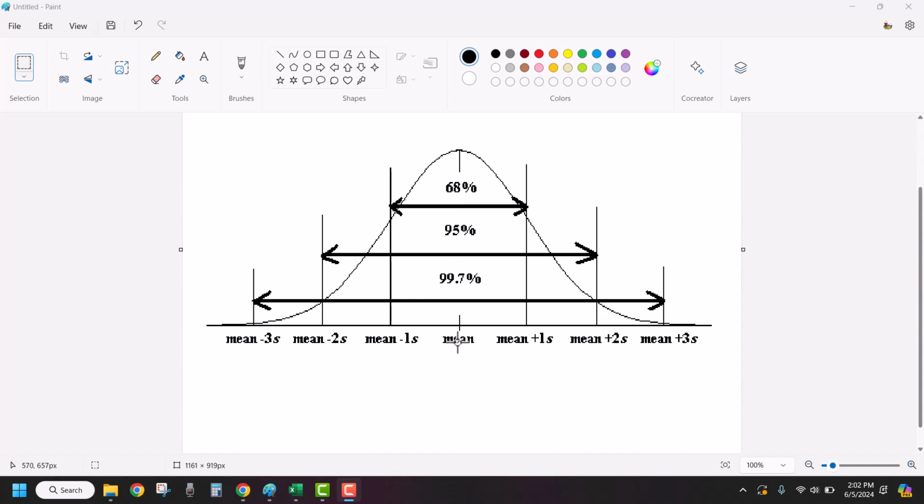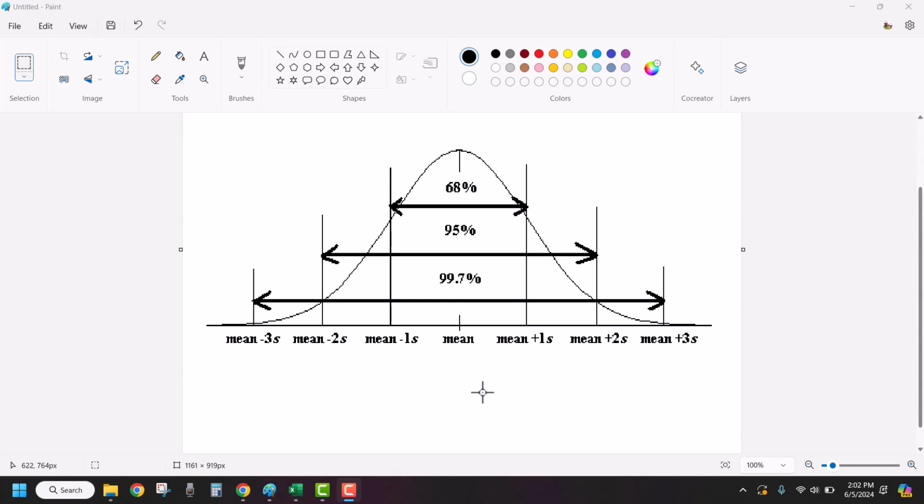And the center of the histogram is the mean of the data set. So there's lots of different types of data sets that are normally distributed. For example, if you were to look at the heights of adults in America, or maybe the weights of fifth graders, there's lots of different things that are normally distributed.